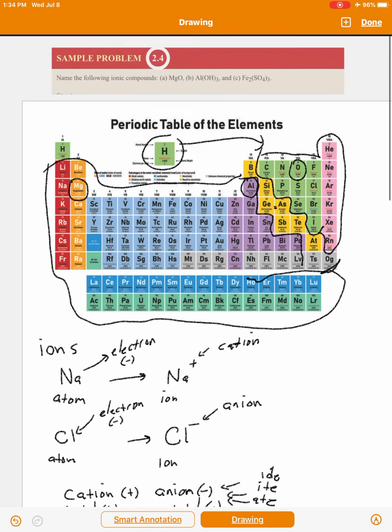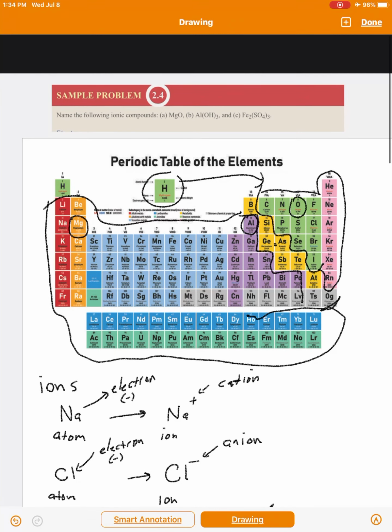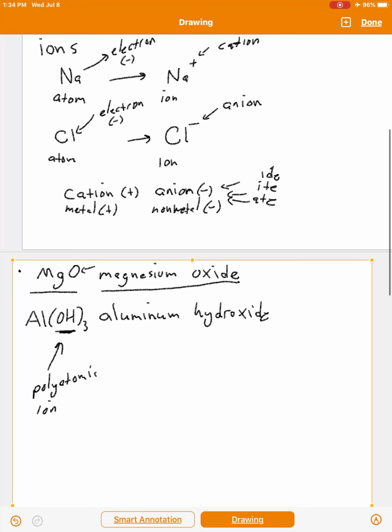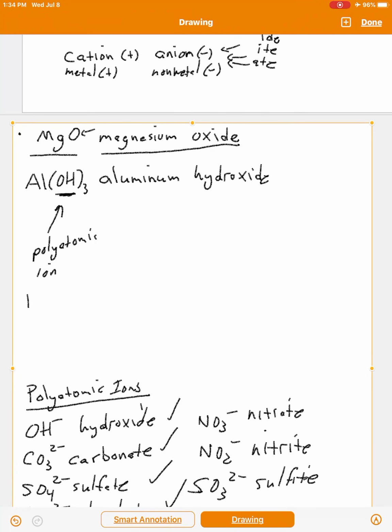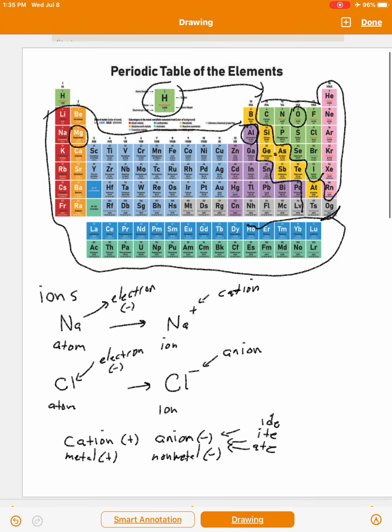Now, the last one here is Fe2(SO4)3. This one's a little trickier. This one has a polyatomic ion, but it also has 2 irons, and irons are examples. So these elements right here, I'm just going to go down to this row because you're never going to have to name a compound with an element down here.